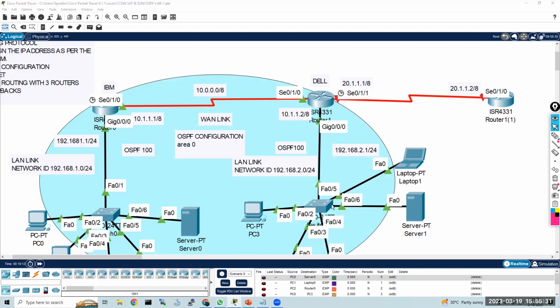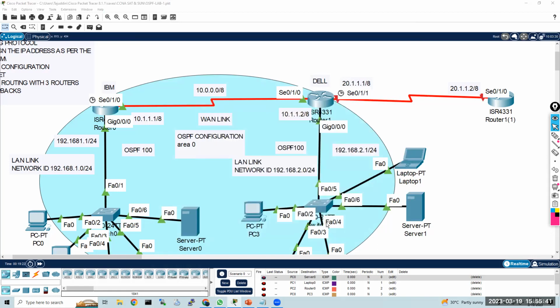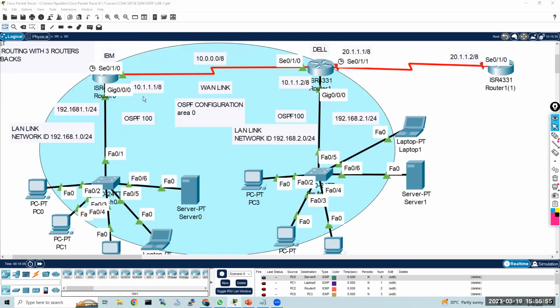Someone is asking for yesterday's lab also, so I will share yesterday's lab as well, that is EIGRP. I have shared both the EIGRP and OSPF. Andrew, I think you asked me yesterday, right? Yes, I did. So I think you received it. You can download and open it in your Packet Tracer.